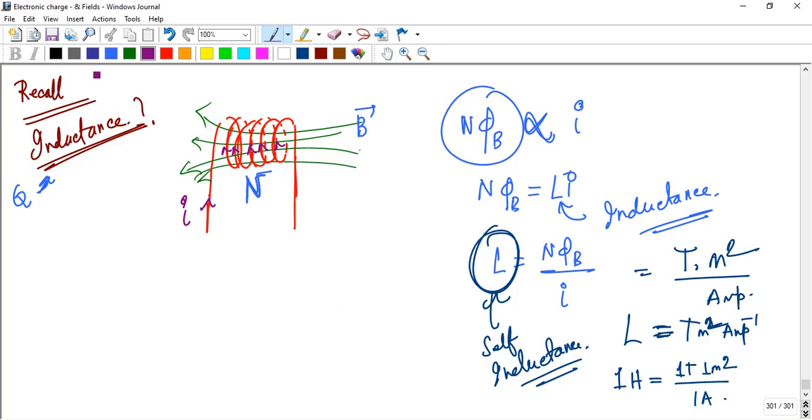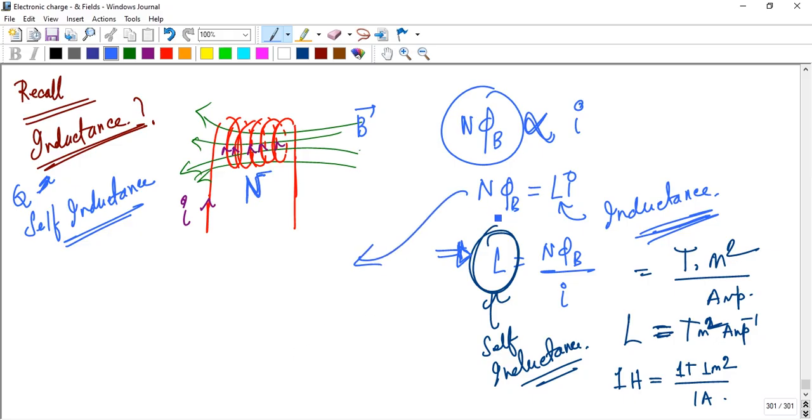So here is the self inductance. See this diagram very carefully. These are produced as self inductance, L, also called inductance or self inductance. Now in this equation, N phi B equals L I. Now we differentiate both sides with respect to time t. So we get N d phi B by dt equals L dI by dt.